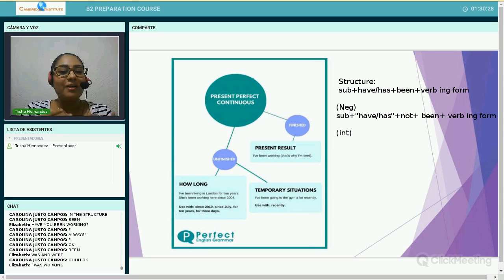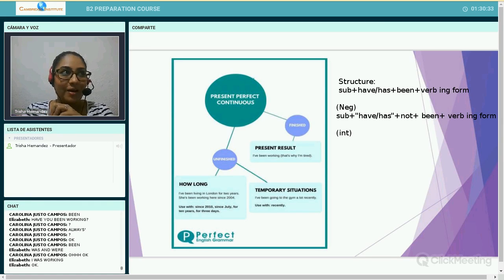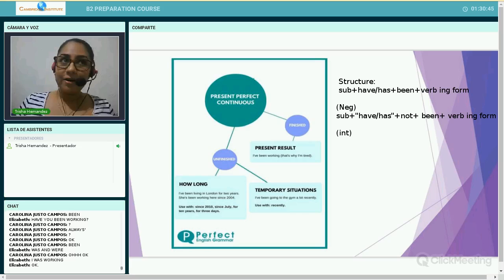Those are actions that we recently stopped. It could be that the whole action can be unfinished, but we're talking about finished actions, and they have a result which we can often see, hear, or feel in the present. We don't use a time word here. For example, I'm so tired, I've been studying.